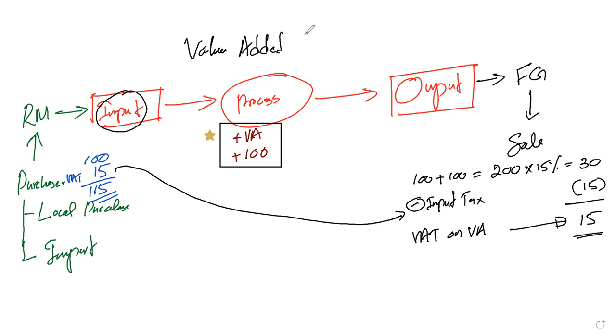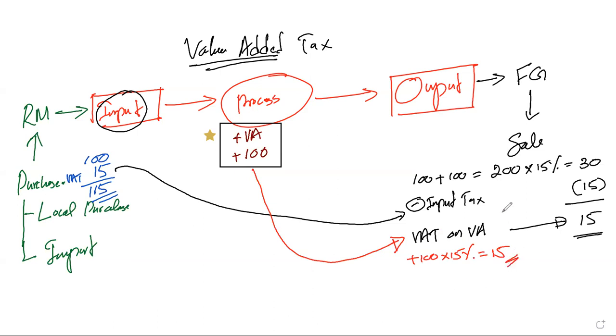You are paying VAT on the amount of value addition: 100 multiplied by 15% gives the same answer. But the calculation process is different; you can't directly take the value addition and pay VAT.